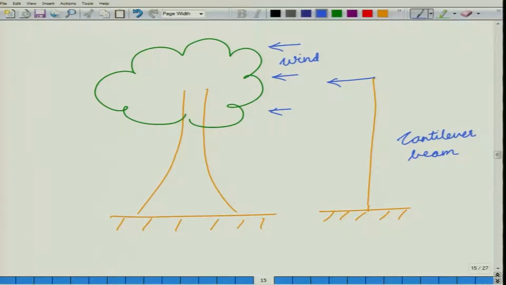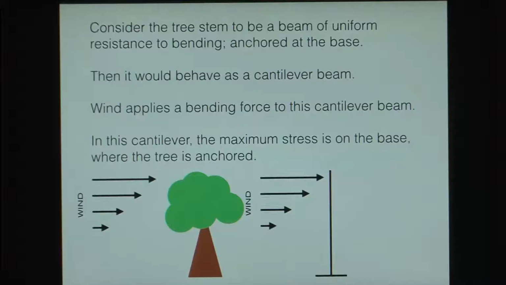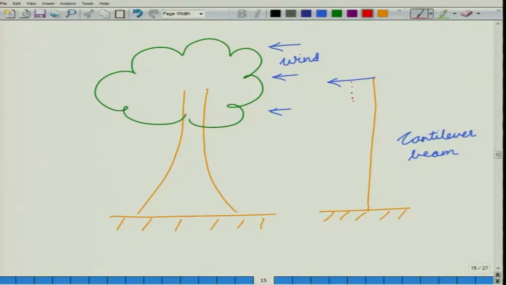In this cantilever, the maximum stress is at the base where the tree is anchored. So, when this wind pressure is trying to bend this tree to its side, the point of maximum stress is here.